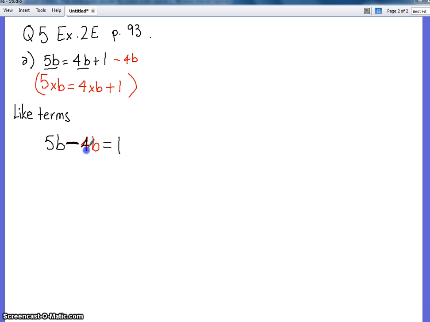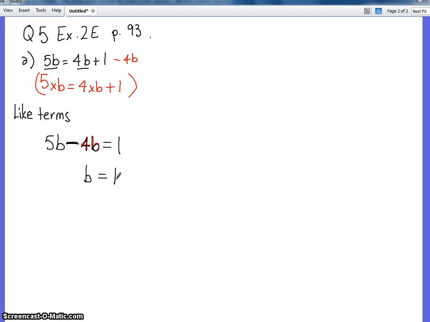And what you find in black is what you're working out would be on your paper. So I've got 5 oranges, I'm subtracting 4 oranges from it. That leaves me with 1 orange, or b. And b will equal 1.